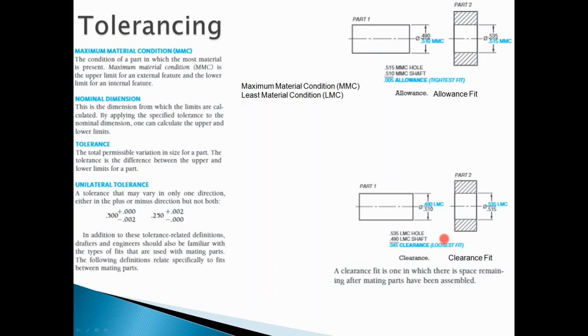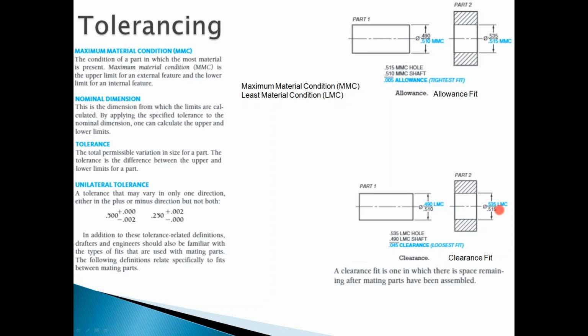The same thing applies to the clearance fit. A clearance fit is one in which there is a space remaining after the mating parts have been assembled. To determine the clearance fit, it is based on the least amount of material.